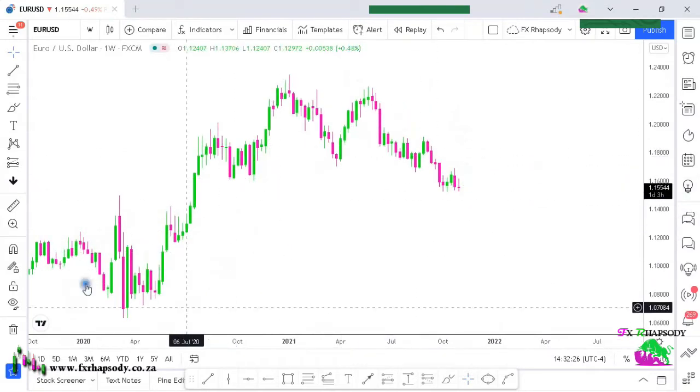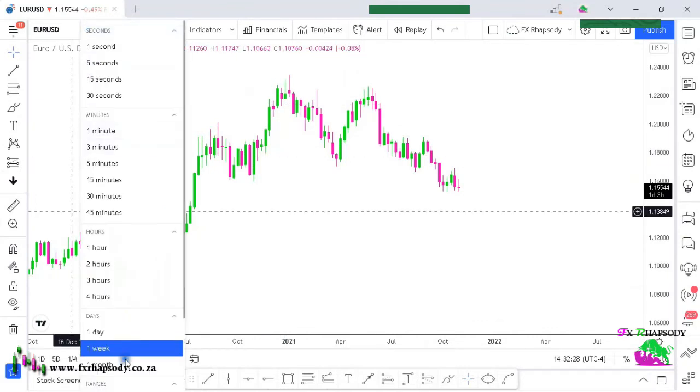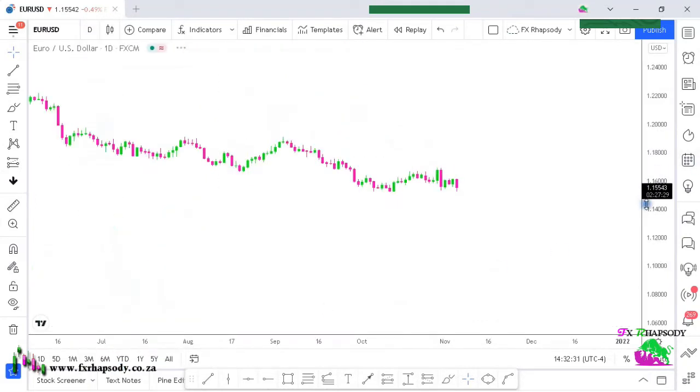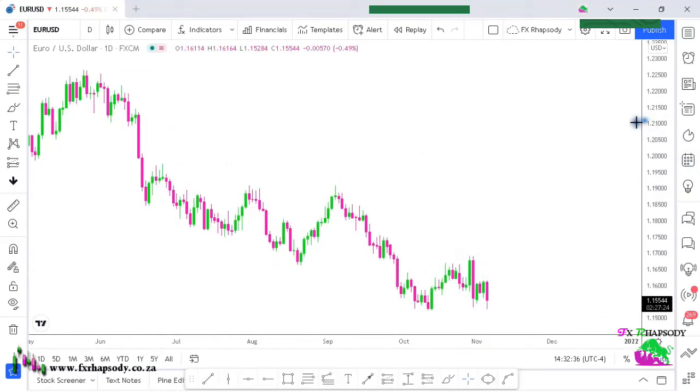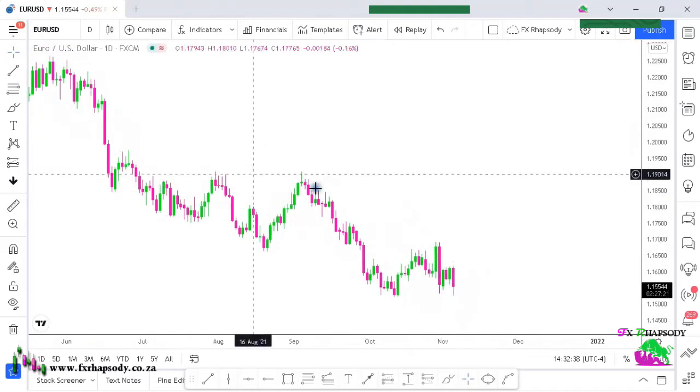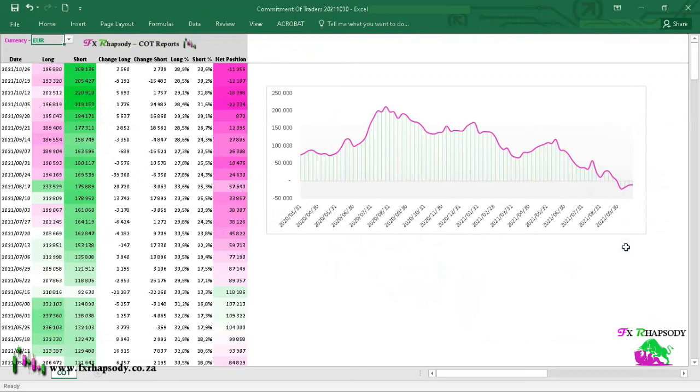Go look at my higher time frames, my weekly, my daily, scroll down, and then once I'm finished with my analysis, I would go to the COT reports for confirmation, just to see if what I'm looking at is corresponding to what is happening in the market. So I'm not just focusing on the COT reports as my primary guideline.